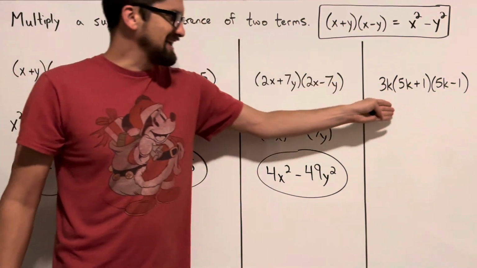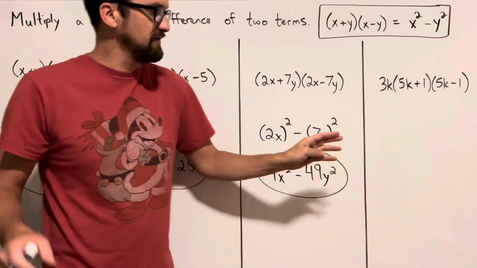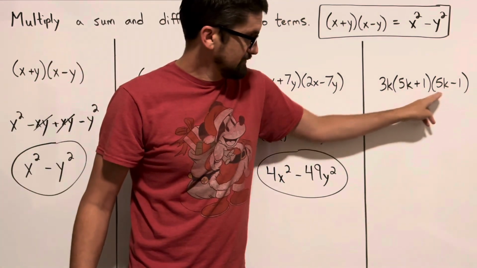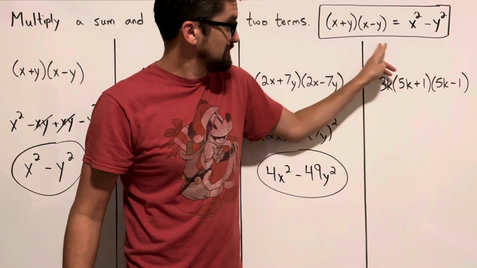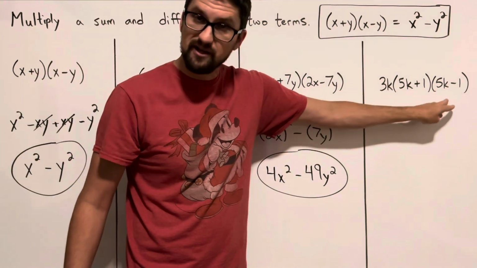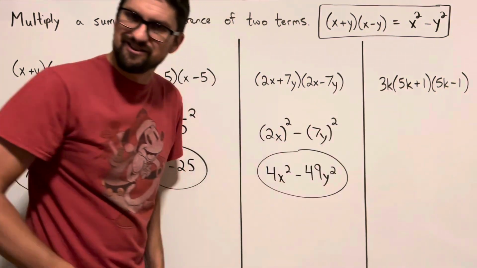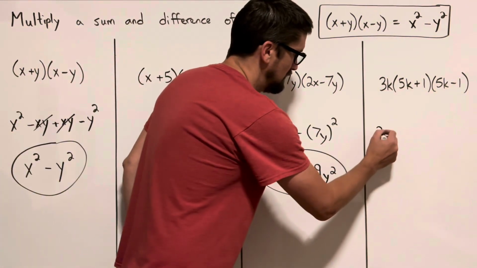And let's look at this last one. This one has a 3k in front, but let's ignore that for now, because here we have the difference of squares. We have the sum of two terms and the minus of the same two terms. So we're going to apply this formula again. We're not going to forget about the 3k. It's still there.